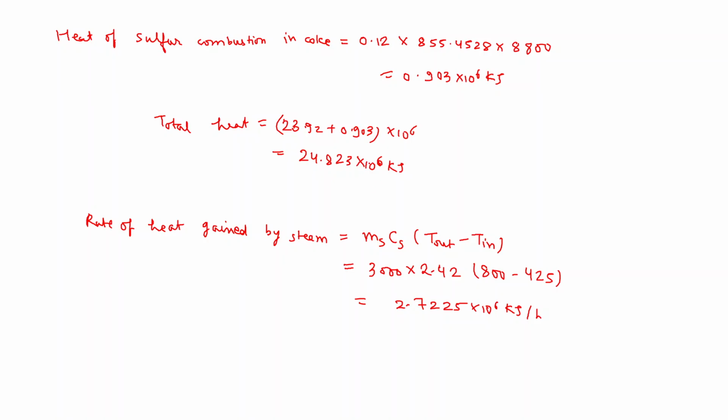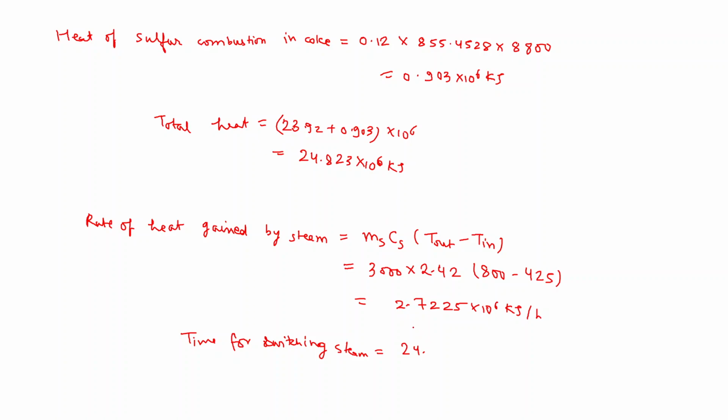This is the heat given by air after the combustion of coke. So the time required for switching on steam can be calculated by this divided by this. This is the total heat given, and this amount of heat is gained by steam in 1 hour.